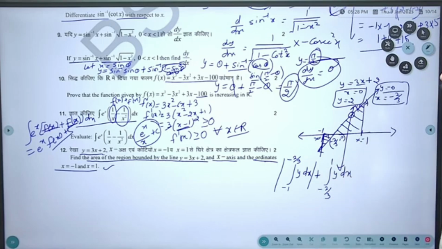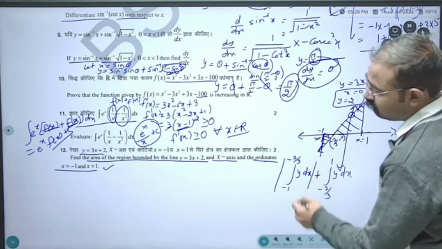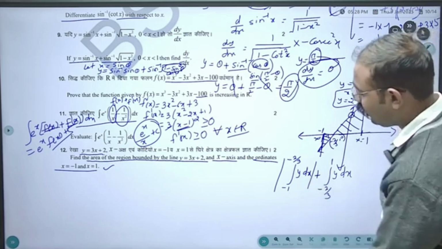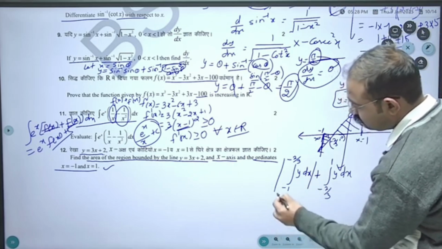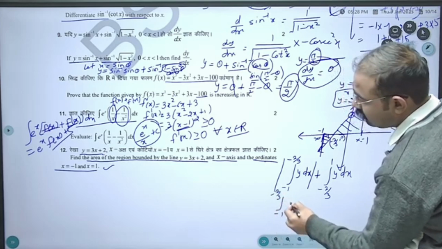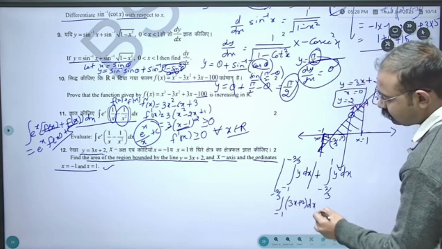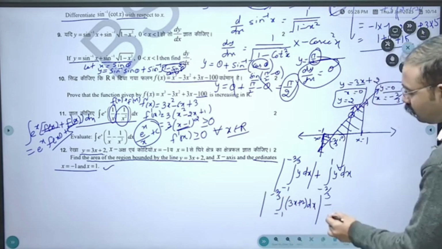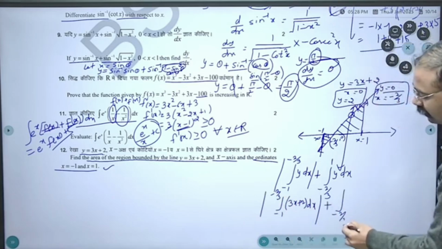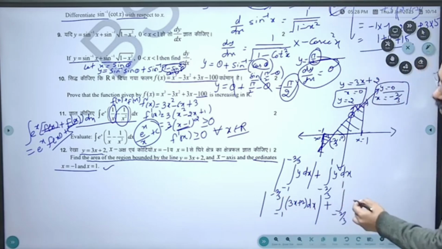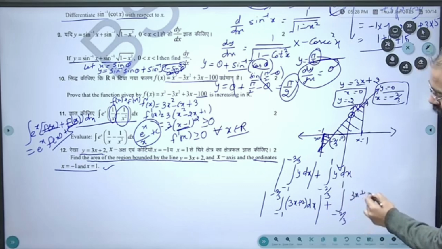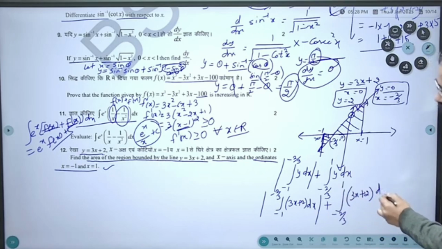For area, y dx. Now what is y? -1 to -2/3, in the place of y, 3x plus 2 dx. Its magnitude, integration -2/3 to 1, in place of y, 3x plus 2 dx.